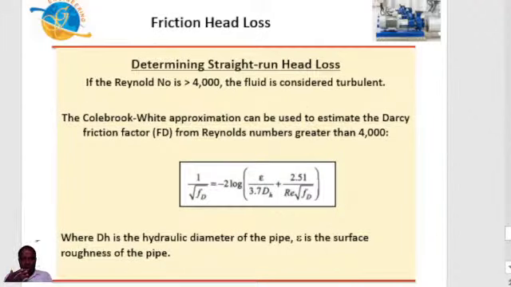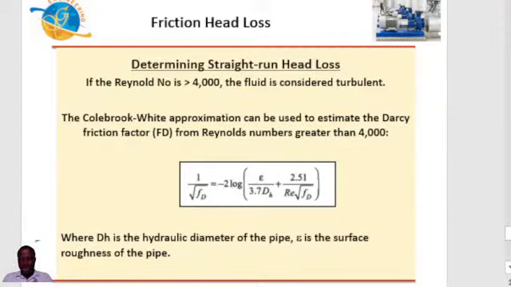Now, you can ask me, what about a Reynolds number between 2000 and 4000? Such fluids are considered unstable and can exhibit either laminar or turbulent behavior.